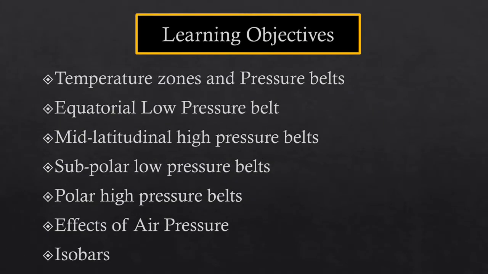In this video, we will be learning what are temperature zones and pressure belts, equatorial low pressure belt, mid-latitudinal high pressure belts, subpolar low pressure belts, polar high pressure belts, effects of air pressure, and isobars.